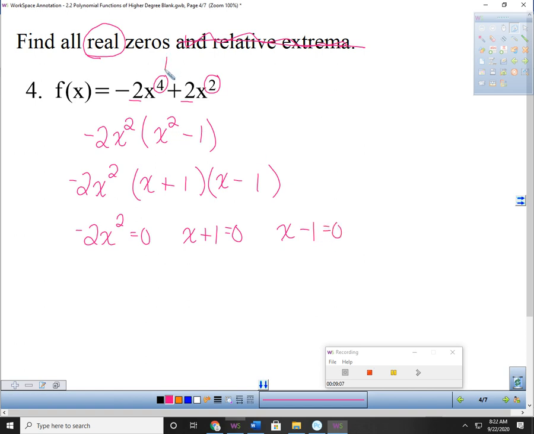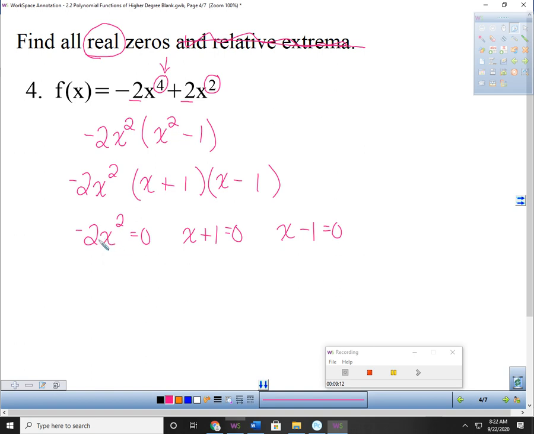Now, I did have the biggest power is a 4, which means I should have 4 zeros. Now, remember, that could be a mixture of real and imaginary, but I should have 4 no matter what. Well, I'm only showing 3 here, but one of these is going to count for more than 1, right?